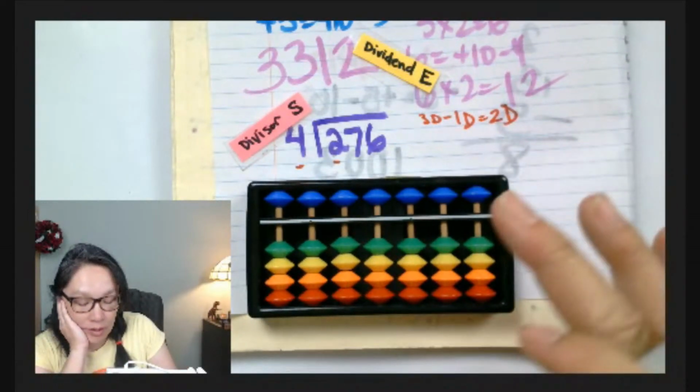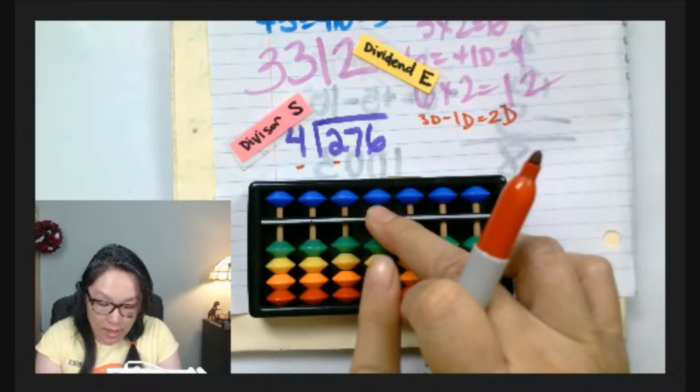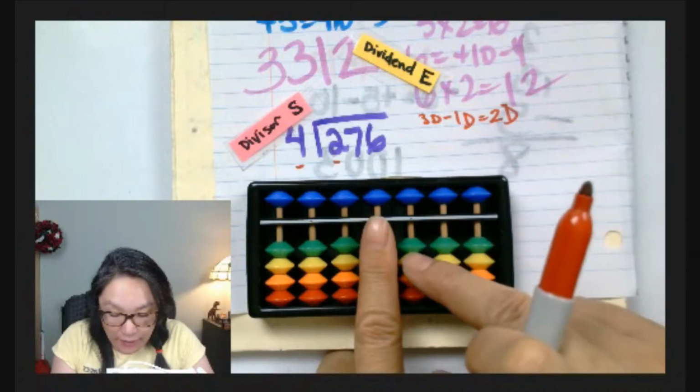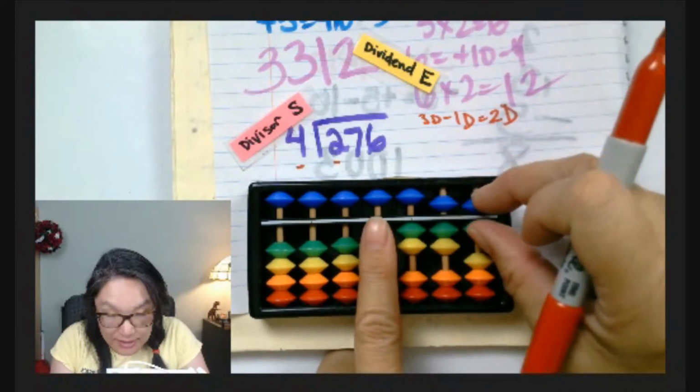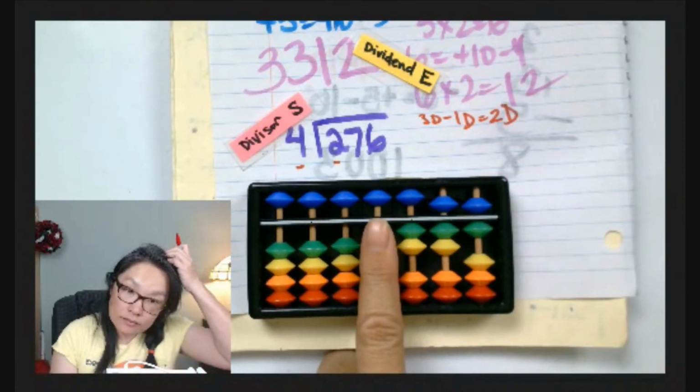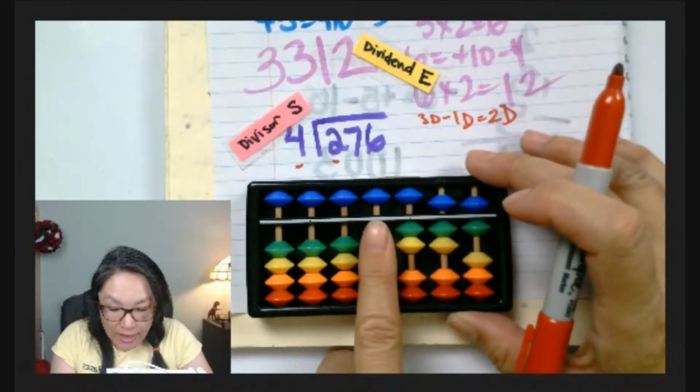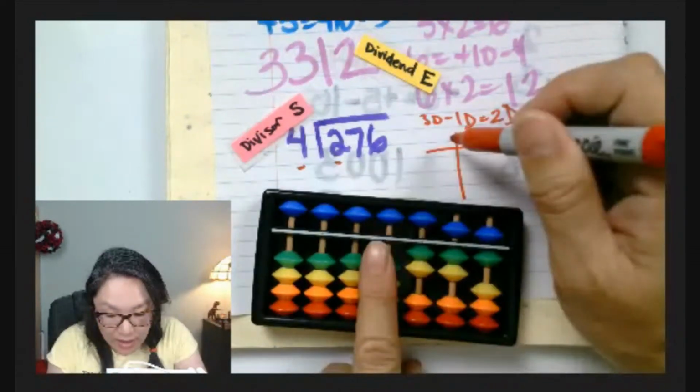1, 2 over here. Now, because my answer is going to be here, I am going to put my dividend on the abacus. I have 2, 7, and then 6. Now I have to do a comparison between my divisor and my dividend.